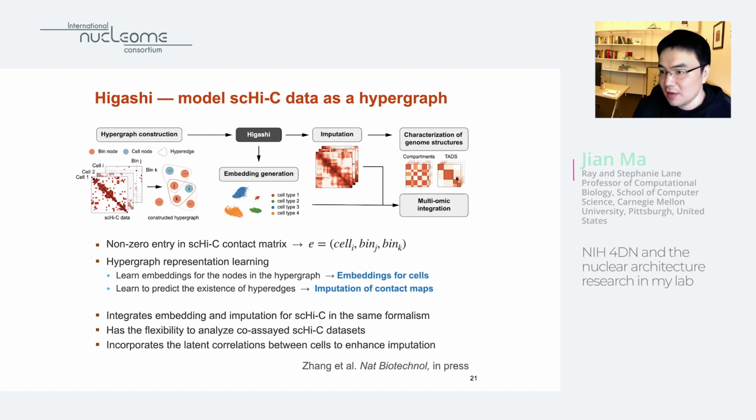You can look at cell-to-cell variability. In addition, you can compare with other omic modalities in the same analysis framework. So the 2 questions in hypergraph representation learning I mentioned before are now turning into the 2 problems you want to solve: the embedding of the cell and the imputation of the contact map.